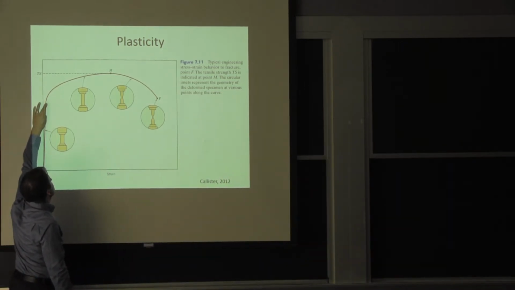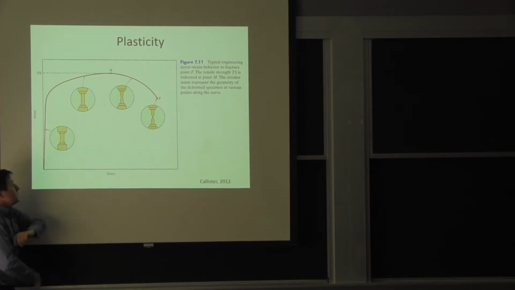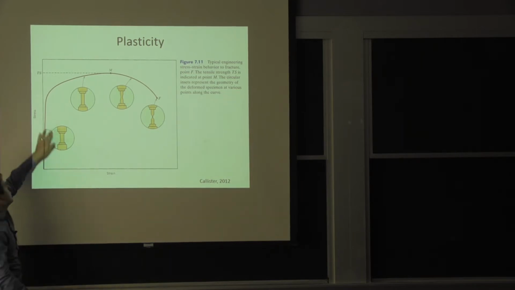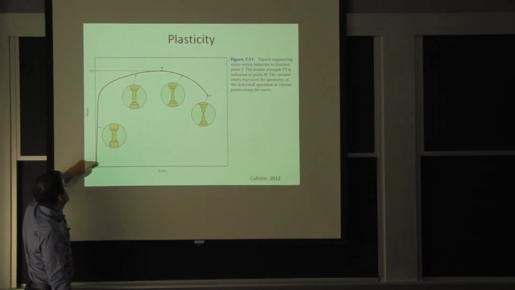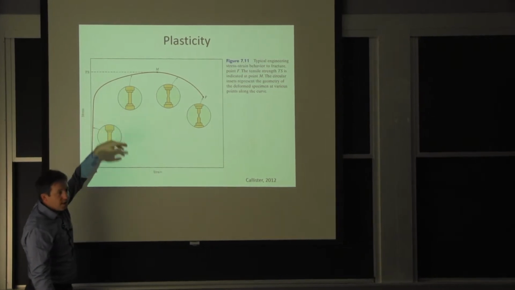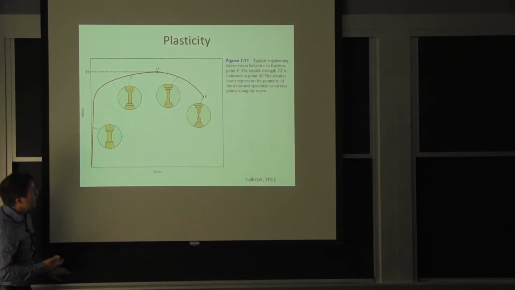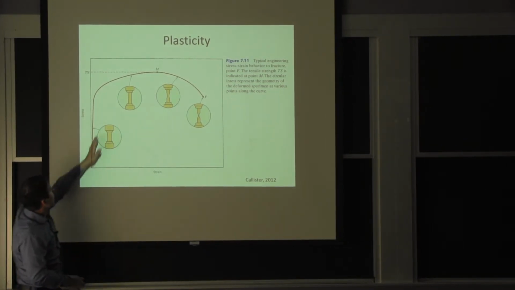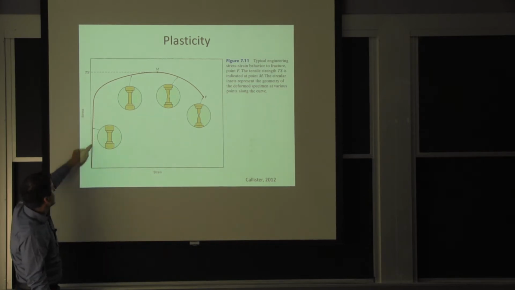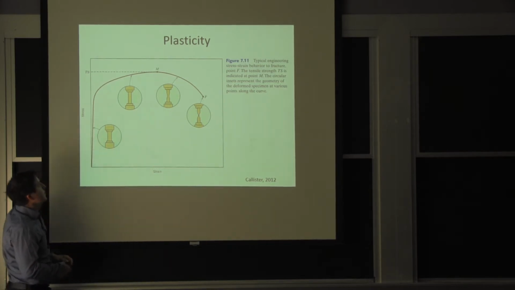So up to here, Hooke's law applies, and you have a Poisson's ratio, and if you let go the load, you'll come back to the same point. When you start seeing the deviation from linearity for metal, it means if you come back with a slope that's parallel to this one, you'll have a permanent deformation.